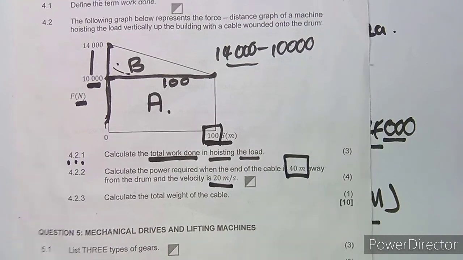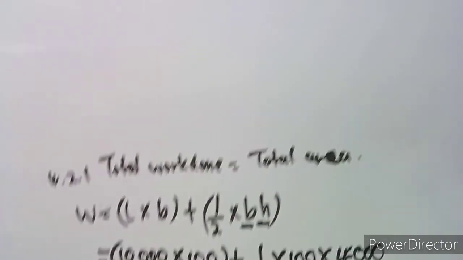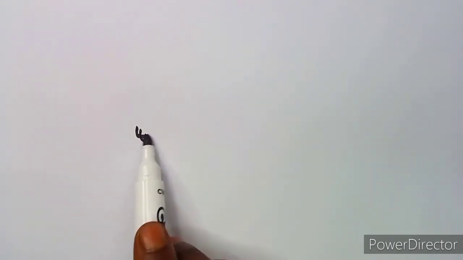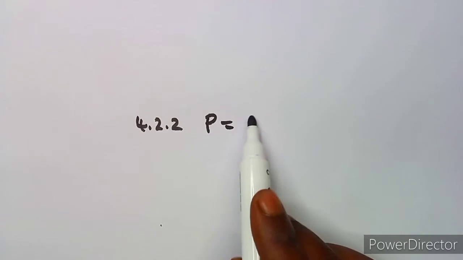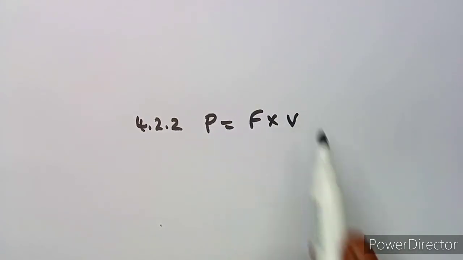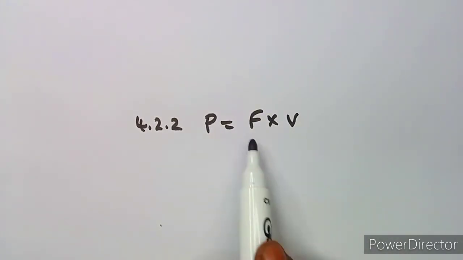Let me explain this. We know that power is equivalent to the force times the velocity. I think we all know this part. But this resultant force is now affected. How is it affected?